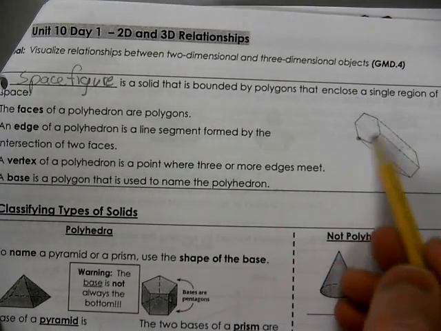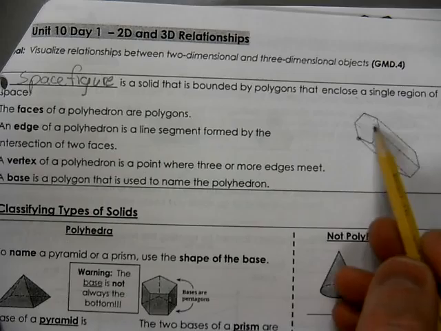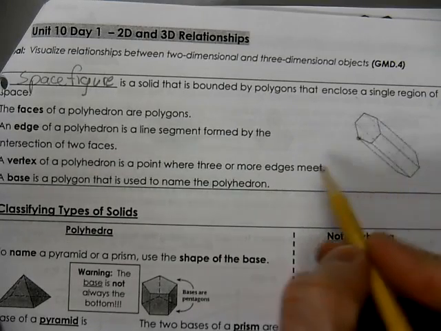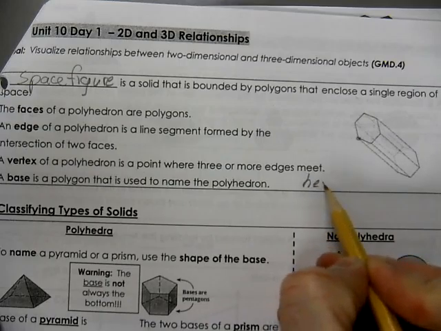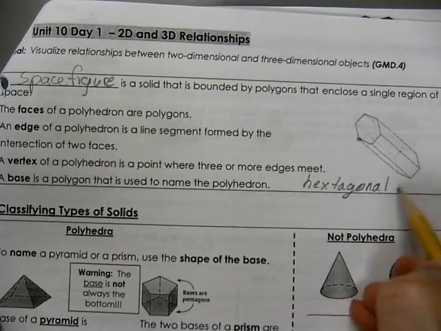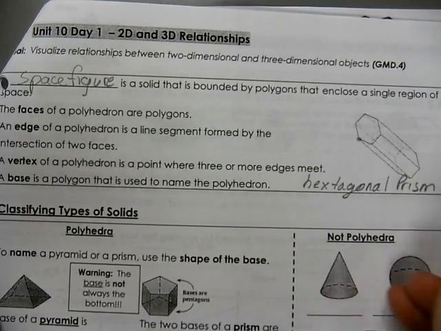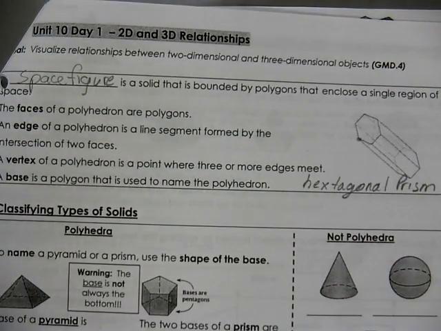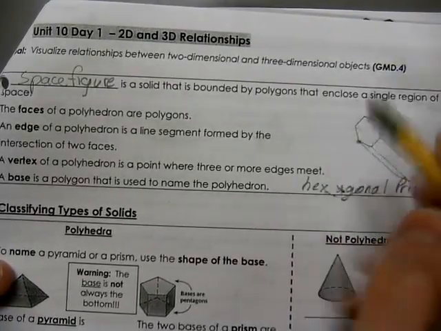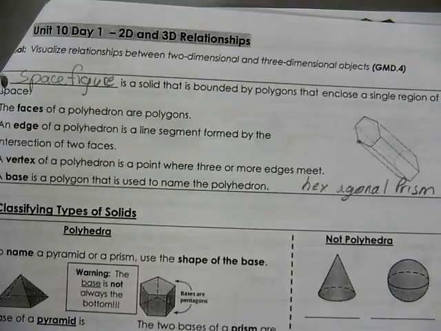So since this base is a hexagon, we would use it to name the shape. Hexagonal prism. Get the T out of there. Hexagonal prism. Alright.